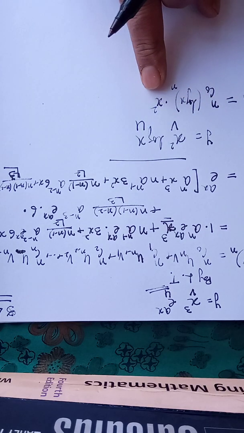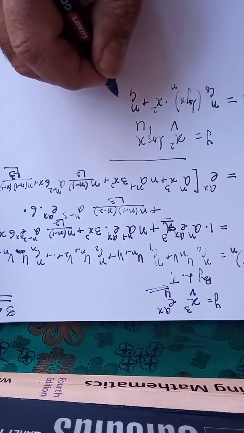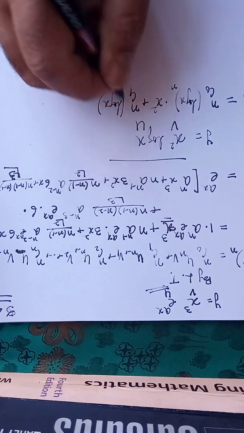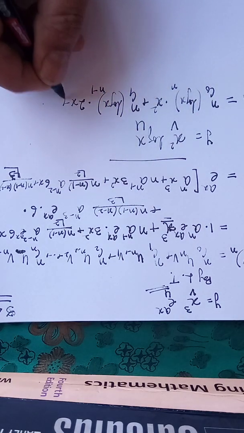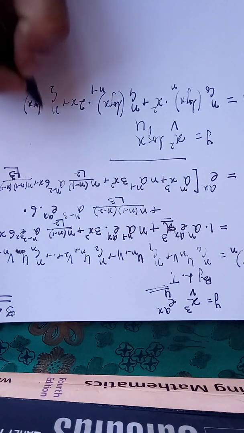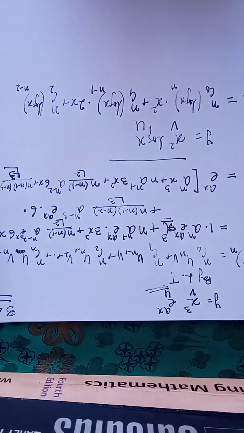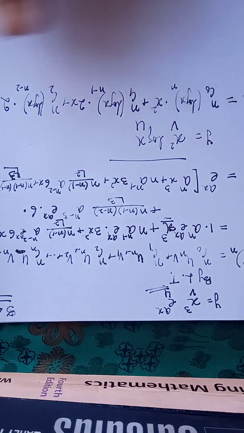Then nC1 times the n minus 1 derivative of log x and the first derivative of x square. Then nC2 times the n minus 2 derivative of log x and the second derivative, 2x, which is 2, and we cannot go beyond this.